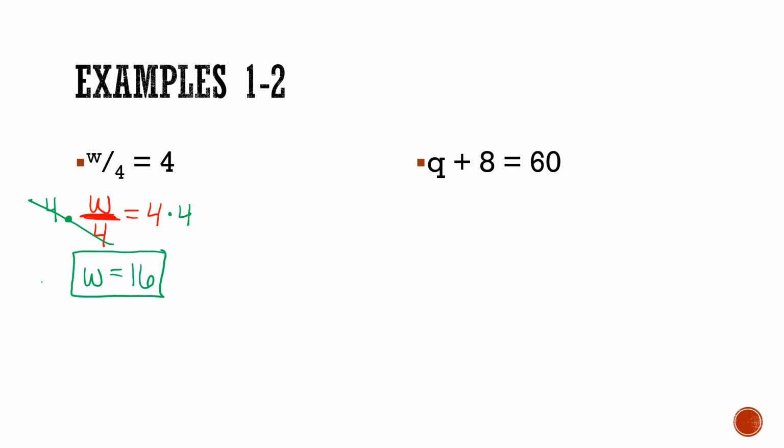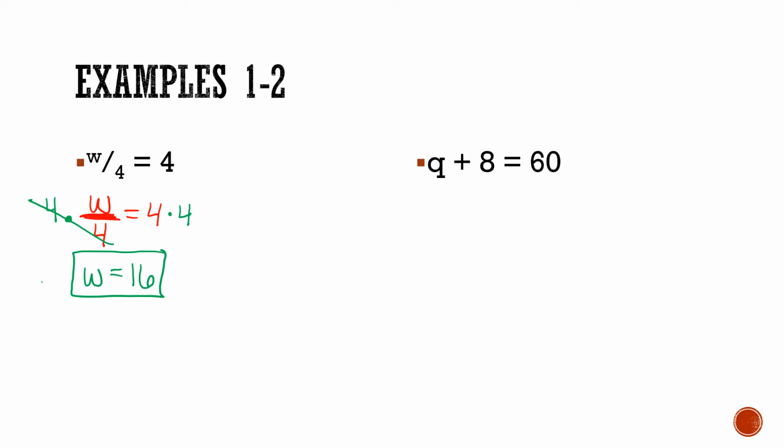Now I'm aware that a lot of you could do that part in your head. However, it's important that you're following these steps and know why we're making these computations, because that will not be as easy to do in your head when we are looking at two-step equations in a minute. Okay, q plus 8 equals 60. Once again, I'm aware that you can figure out what you add to 8 to get 60.